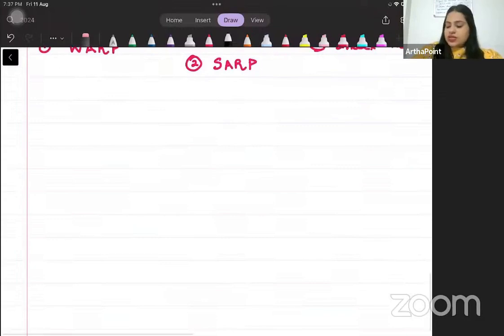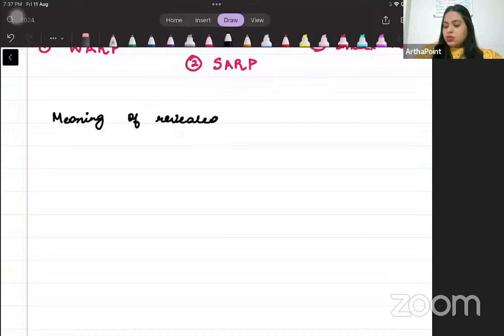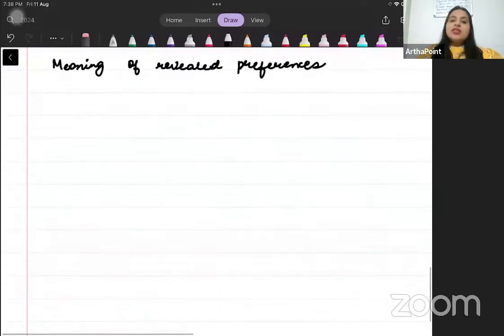Now let us go ahead and understand the meaning of revealed preferences. So understand this. In case of revealed preferences, you will be given some information about your consumer, and based on how your consumer acts, you need to find out what the preference of your consumer will be. Suppose something like this will happen.